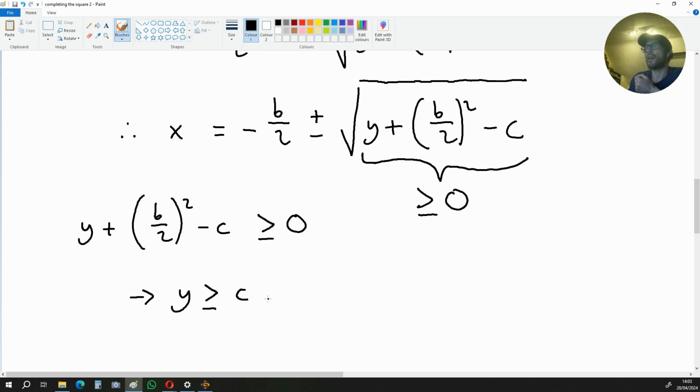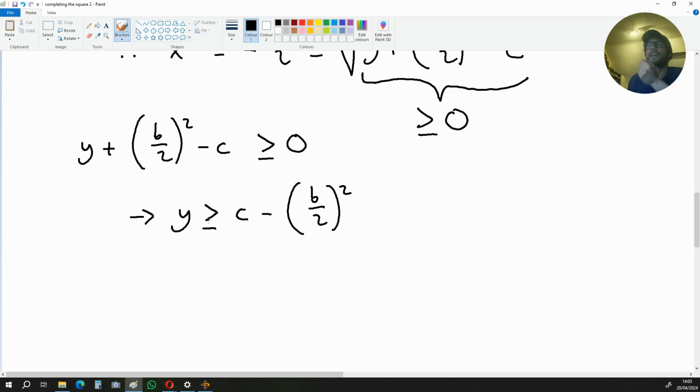This is going to imply that y has to be greater than or equal to c minus b over 2 squared, because what we did is we added c to both sides of this inequality, and we subtracted b over 2 squared from both sides. So that means the height of that graph is going to be a minimum of c minus b over 2 squared.